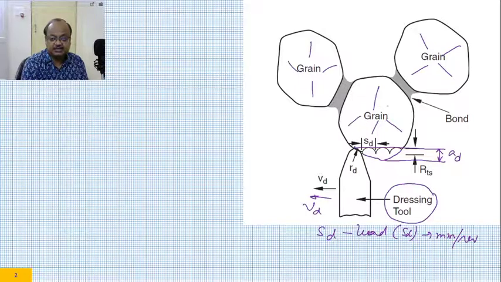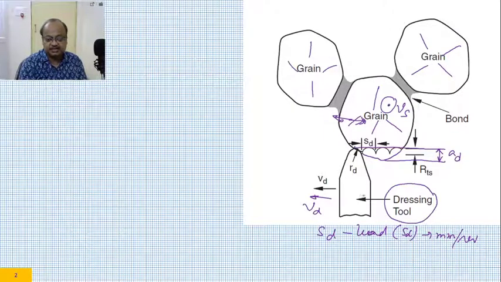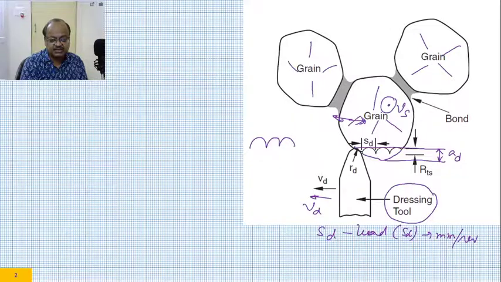This grinding wheel is coming towards you. It is not going in this direction or in this direction. Those are wrong. It is coming towards you, and as it is coming, this dressing tool is moving in this direction and it is producing features like this.